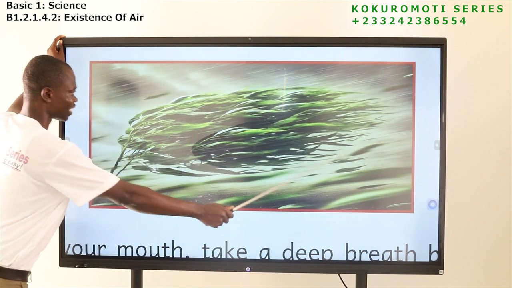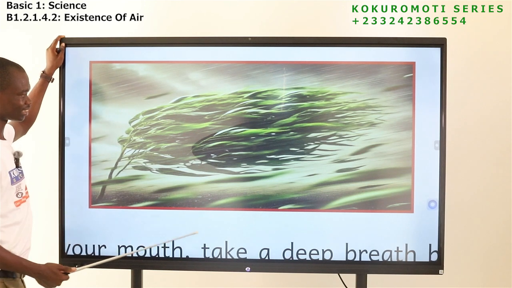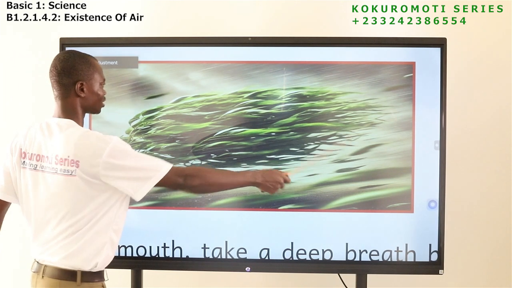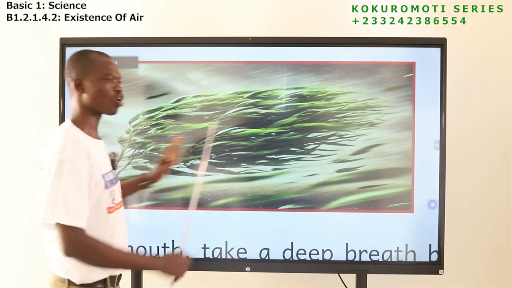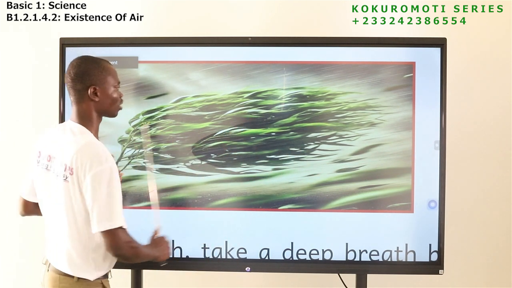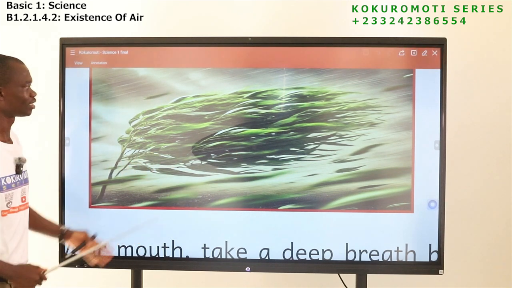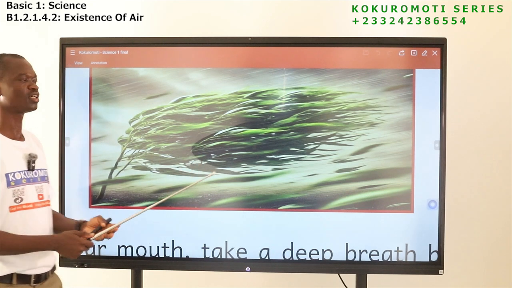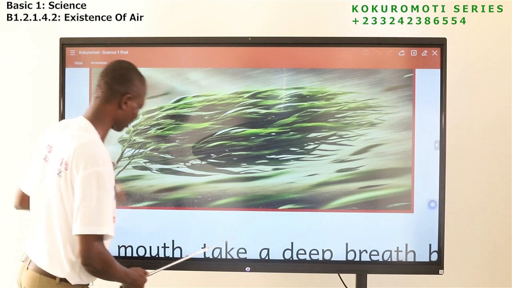They are moving towards that direction by something. That thing we can't see, but it is what? Air. So the air is blowing towards this side, and because of that, it's moving all objects. So that's why you see the leaves going to this side. So this shows that air is everywhere. Air is everywhere, and you cannot see air.